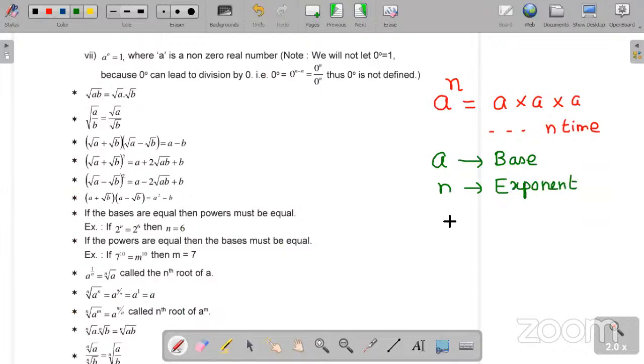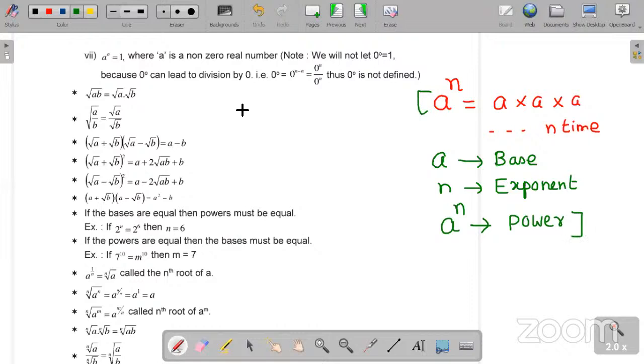And a to the power of n, or a raised to n, is called power. In 8th class, we have exponents and powers, right? So that means this is the concept of a to the power of n.